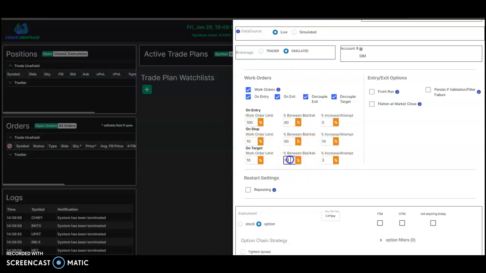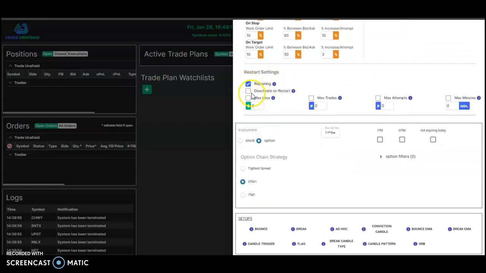On target, this is okay. Repeating, I like the trading plan to stay in the list after I flatten. So that will do it.